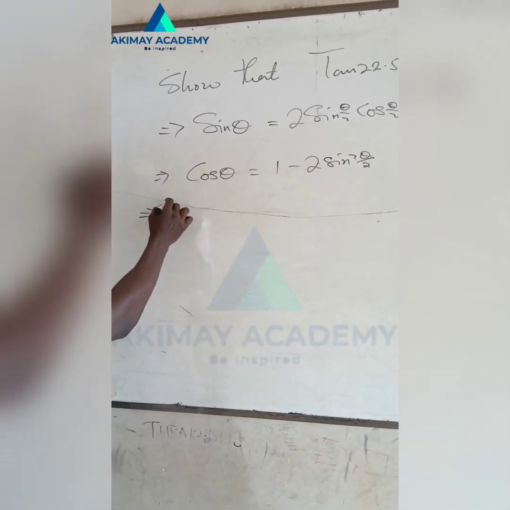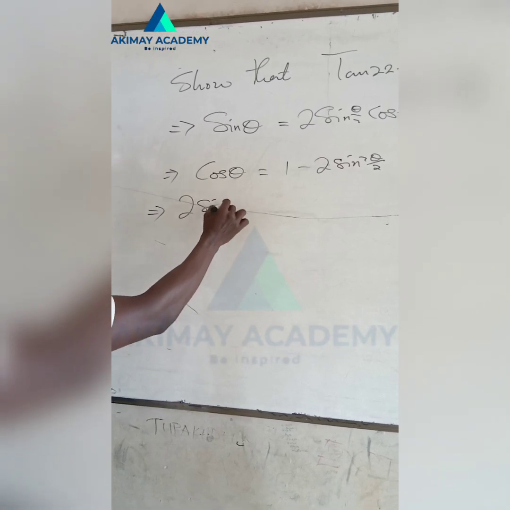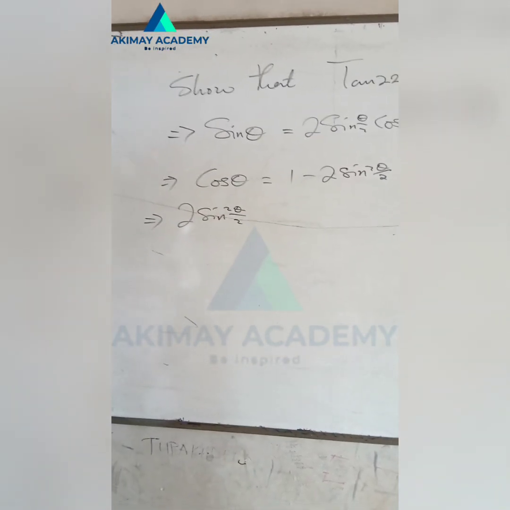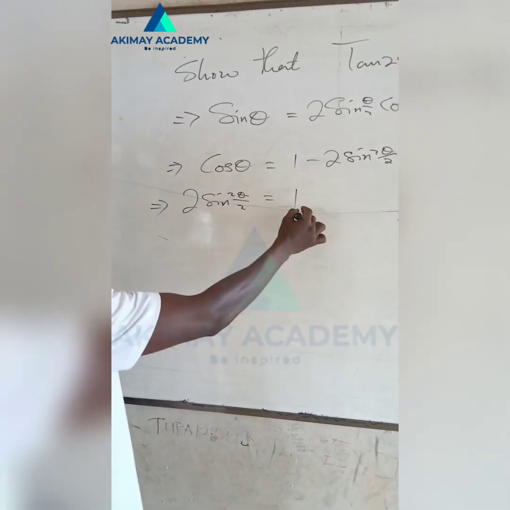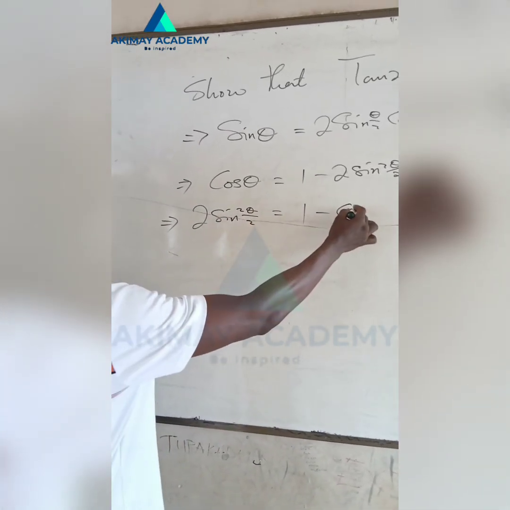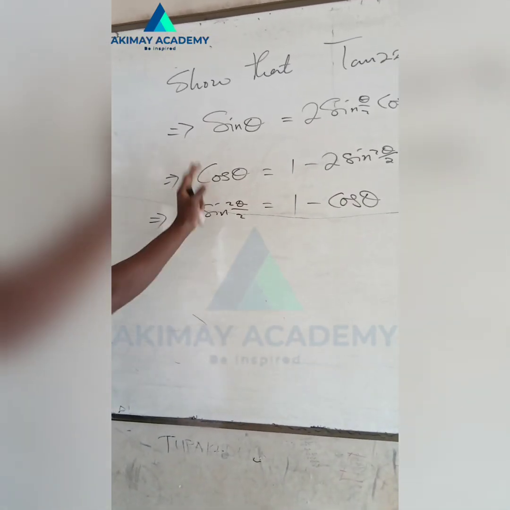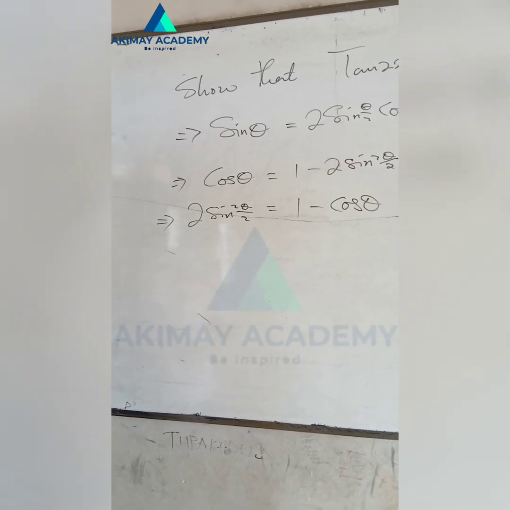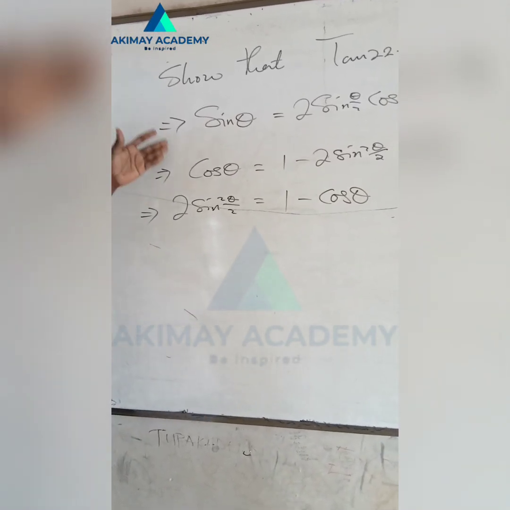So we are going to have 2 sine square theta on 2 equals 1 minus cos theta, by sending this one here and bringing this one to the side. So over here, we have our 3 equations.